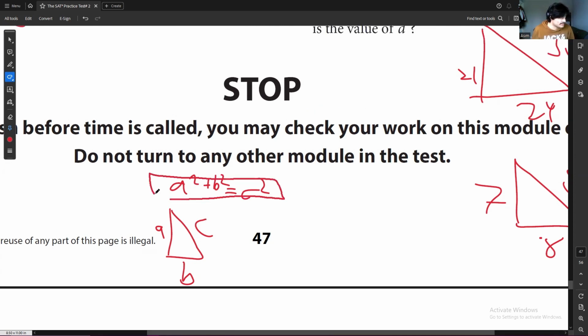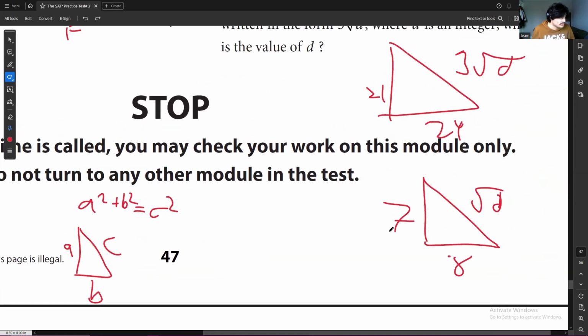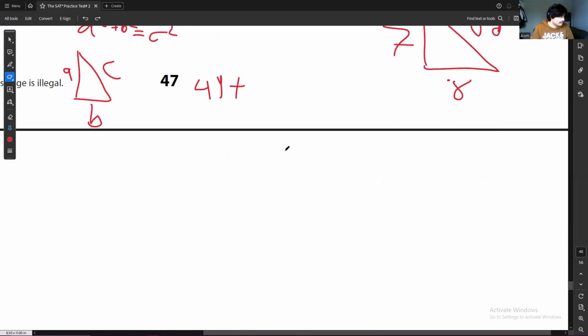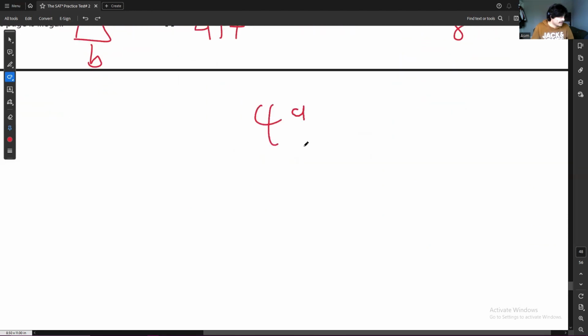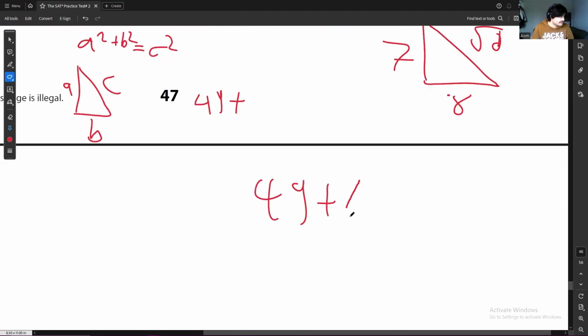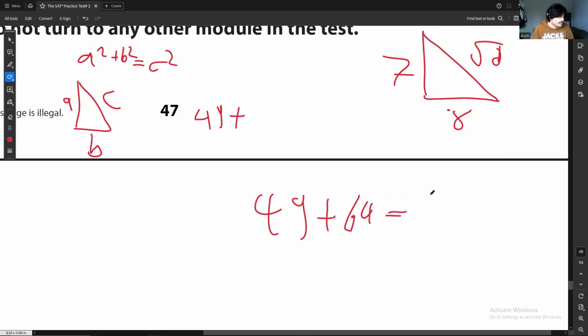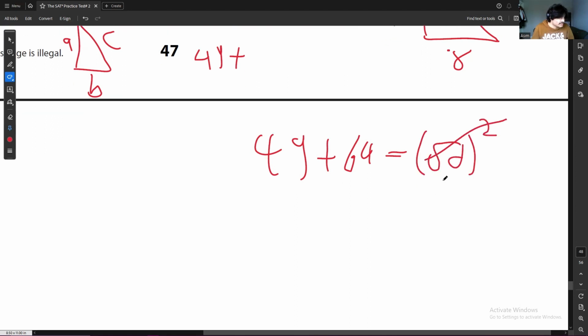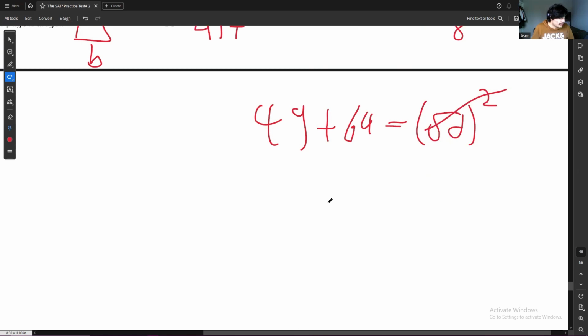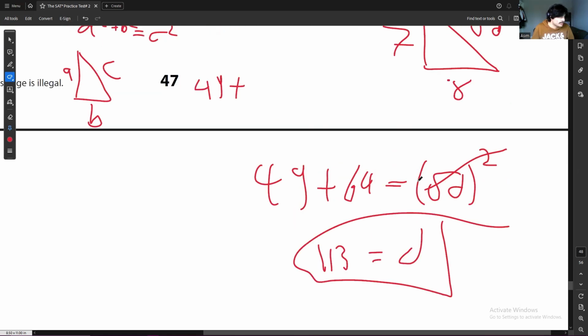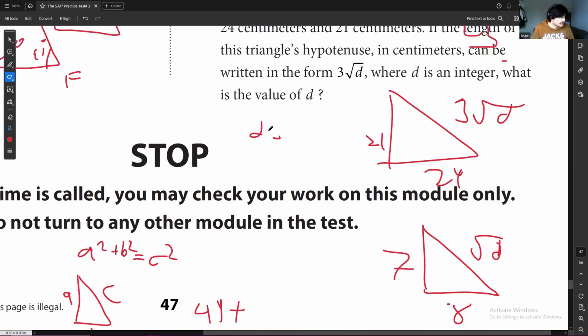So we're just going to square these and find our D. 49 plus 64, which is the square of 7 and the square of 8, equals the square of radical D. So I get rid of the square roots and end up with 113 equals D, which is my answer. D is 113.